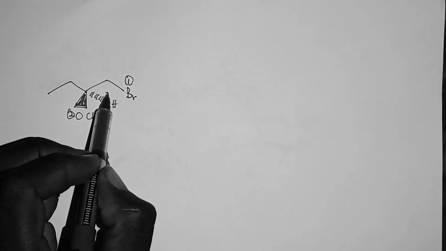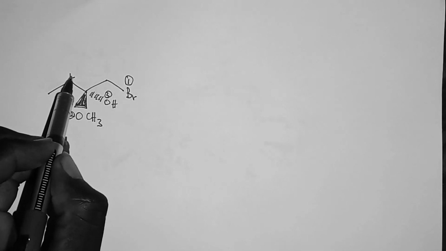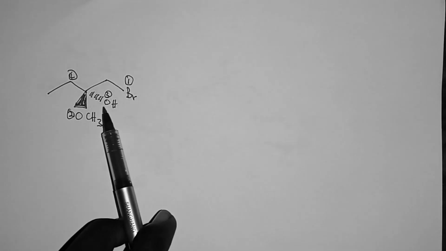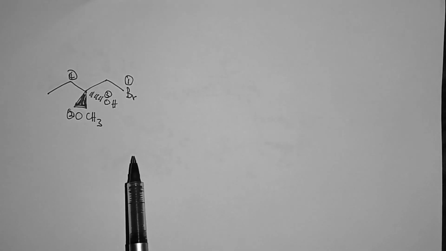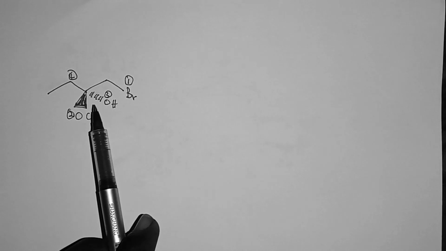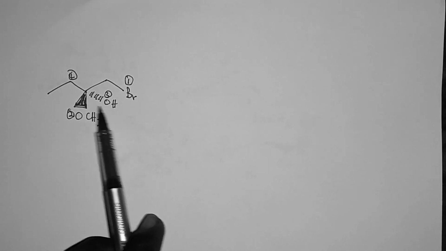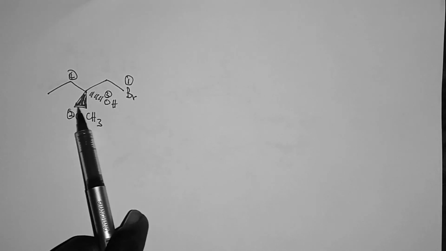And then this OH is number 3. And this is number 4. But you can see that the least group here is neither pointing towards us nor pointing away from us. And this is different from the 2 situations we've looked at in the previous examples.